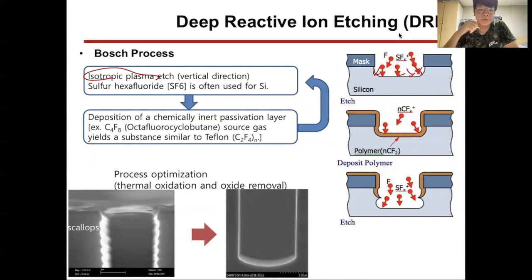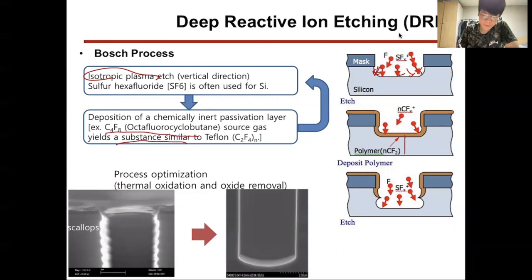However, before it etches isotropically, we deposit polymers, a substance similar to Teflon.